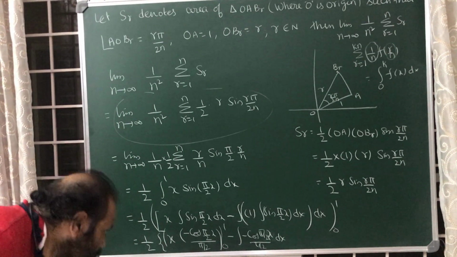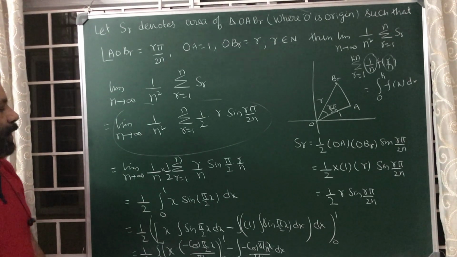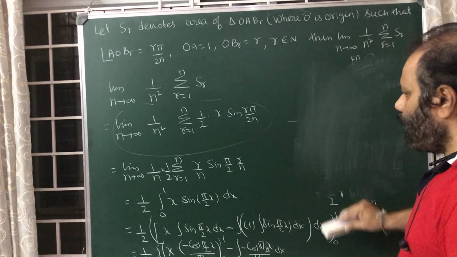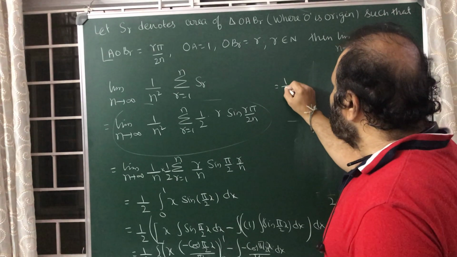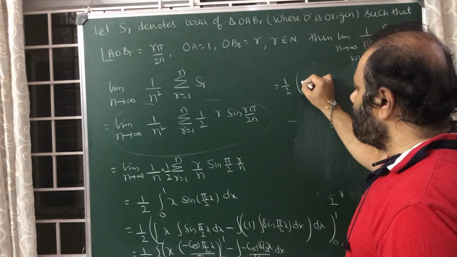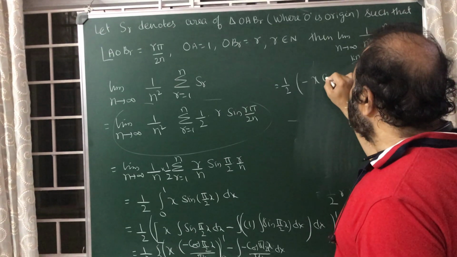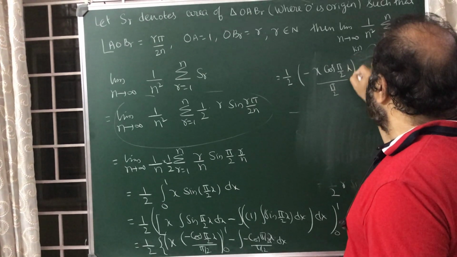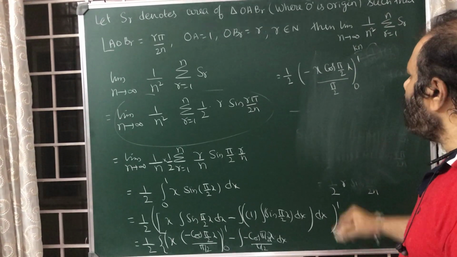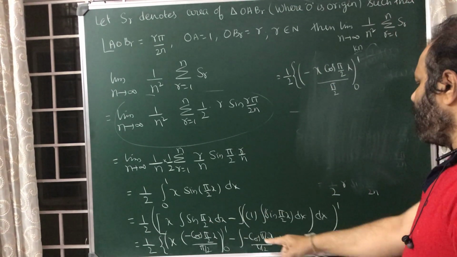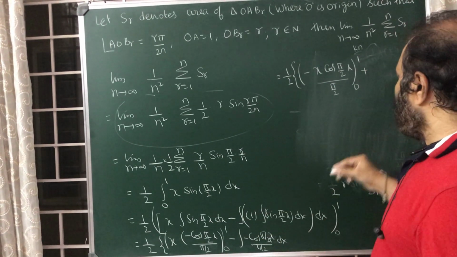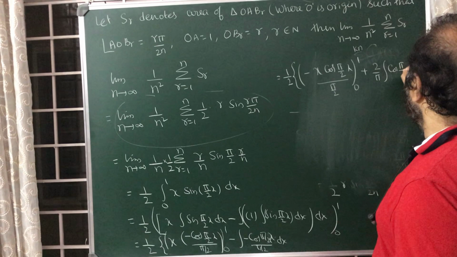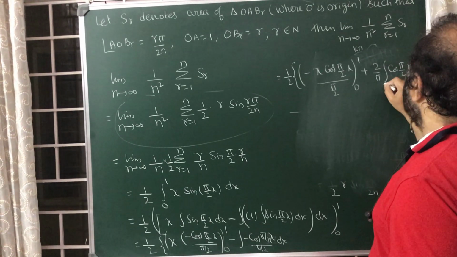Now please note down the remaining part: 1 by 2 into minus x times cos pi by 2x divided by pi by 2 between the limits 0 to 1. This 1 by 2 is for all. Minus into minus will become plus. So 1 by pi by 2 is nothing but 2 by pi, times the integration of cos pi by 2x dx from 0 to 1.